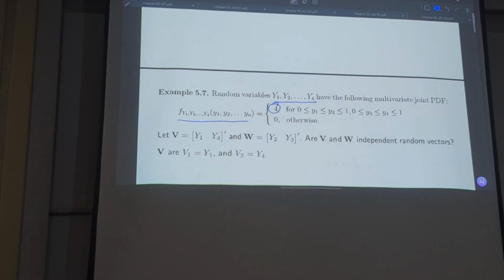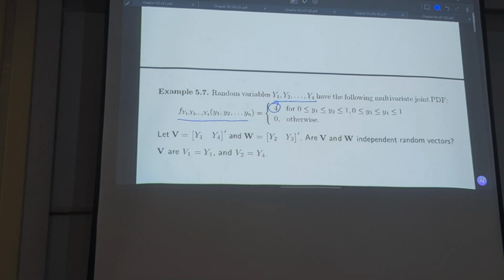So the joint PDF, multivariate joint PDF of y1, y2, y3 and y4 is 4. Meaning it is uniform. Now we define two vectors.